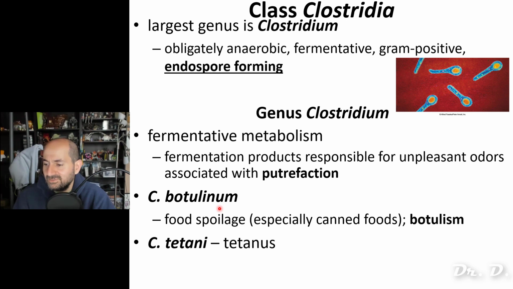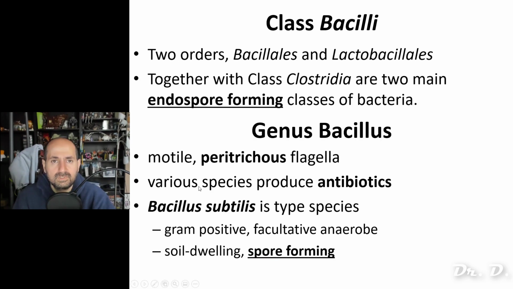This toxin is a neurotoxin, and when ingested can cause severe side effects up to and including death. Another example of Clostridium is Clostridium tetani. This is the bacterium that causes tetanus, another neuro disease that can cause uncontrollable contraction of muscles.